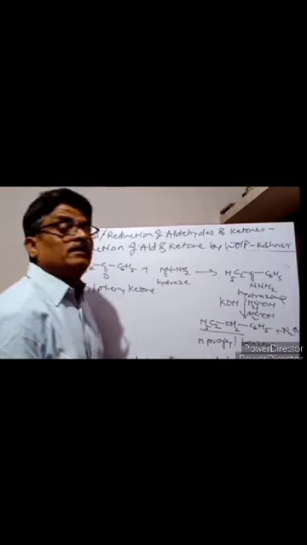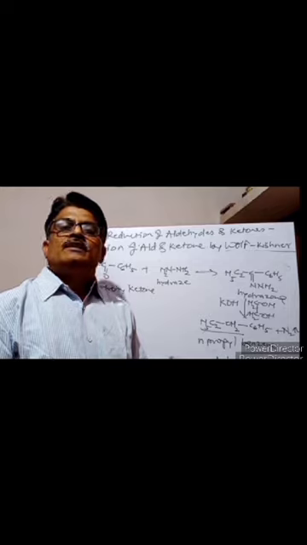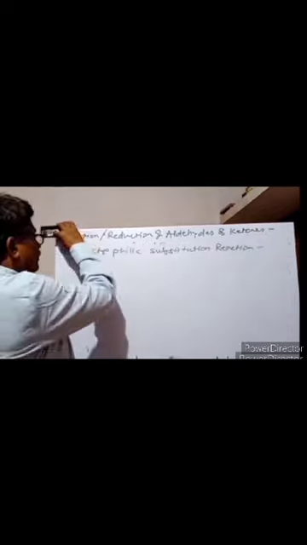This group is called a propyl group. N-propyl benzene with liberation of nitrogen gas. So this is about the oxidation and reduction of aldehydes and ketones.